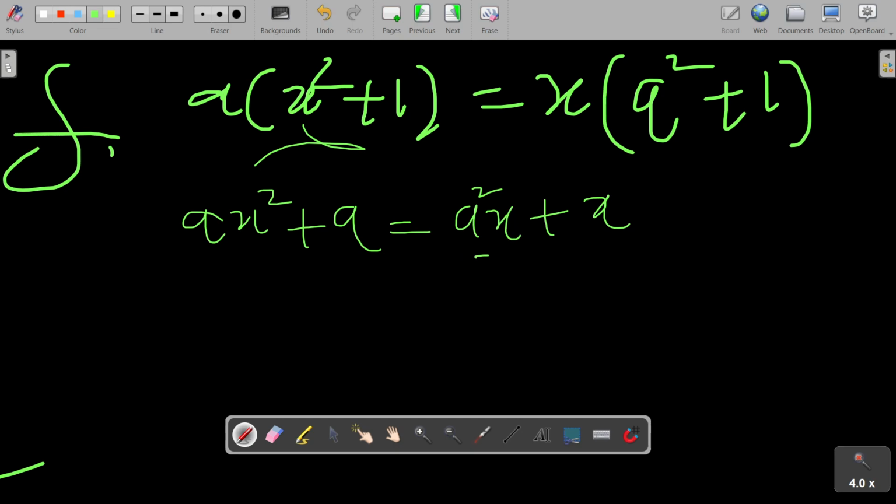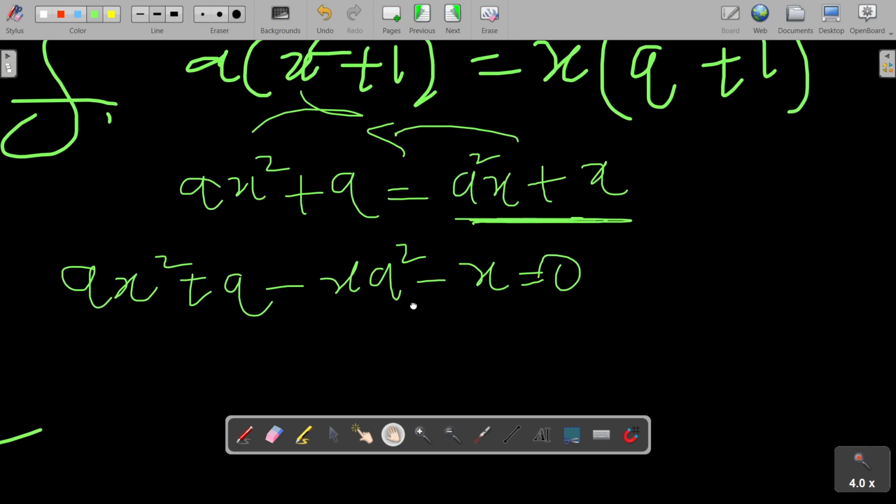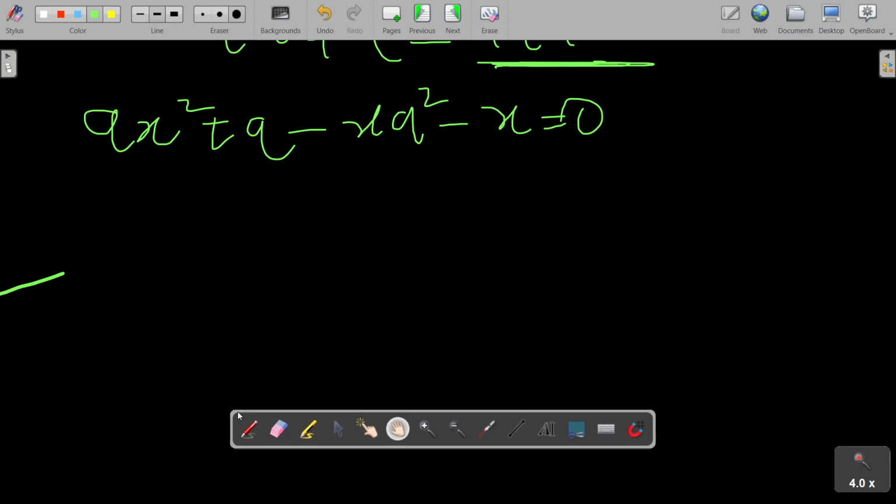So let's move this on the left side. The signs change: a x squared plus a. If we take this on the left side, this becomes minus x into a squared minus x equal to 0.